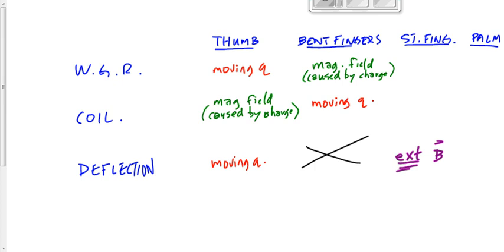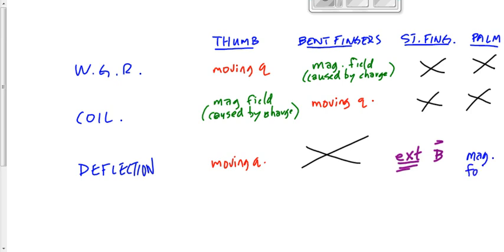We don't use straight fingers in either of these, nor do we use our palm in either of these. Here, our palm points in the direction of the magnetic force.